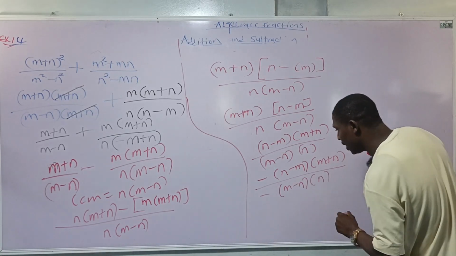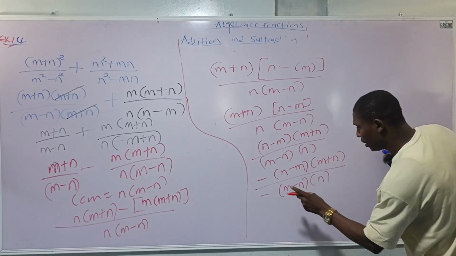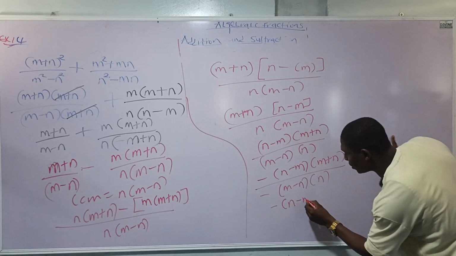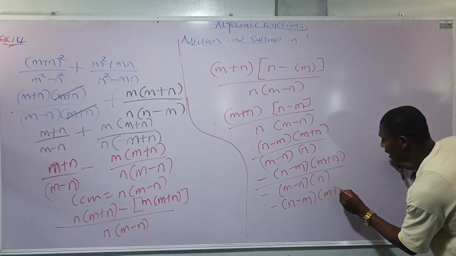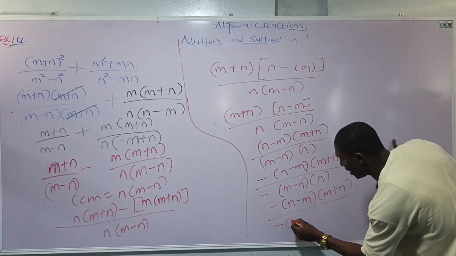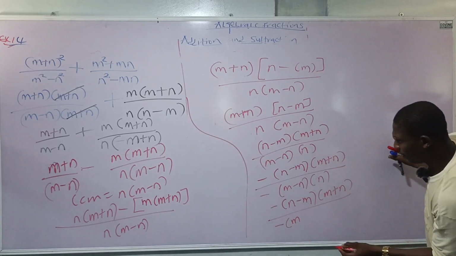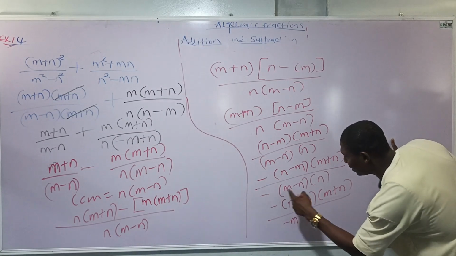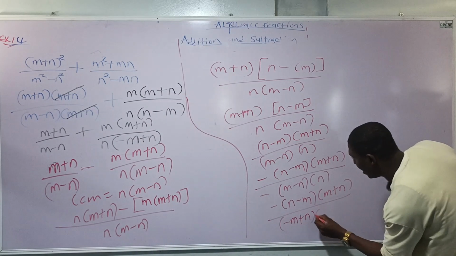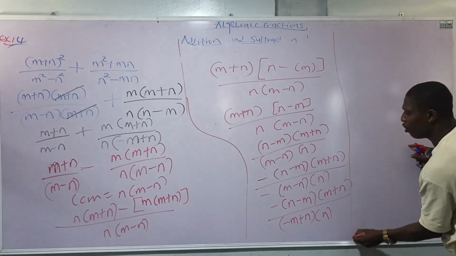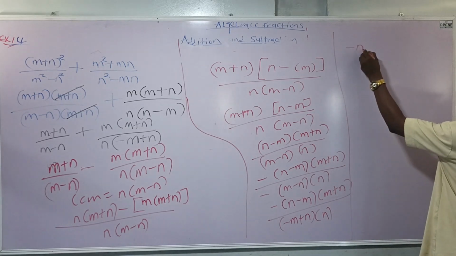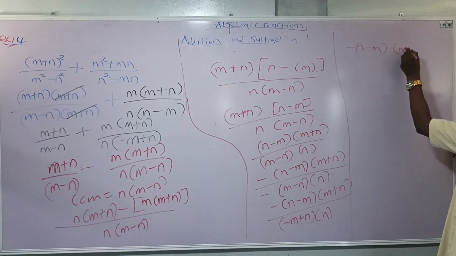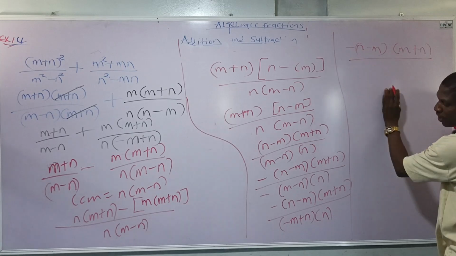Now, if you check, I want to use this to multiply this. I'll have negative (n minus m)(m plus n) all over negative bracket. I'm using this to multiply, right? This times this will give me negative m, and this times this will give me positive n in bracket n. Coming further, I'll have negative (n minus m) in brackets (m plus n) all over.